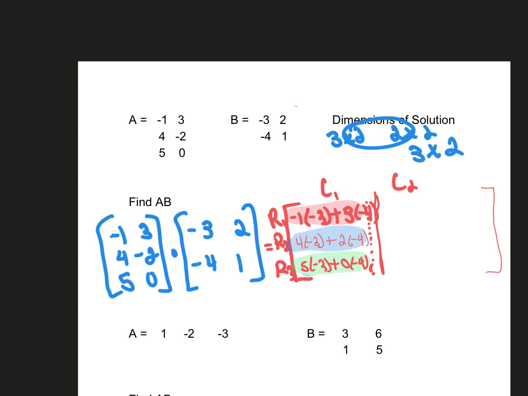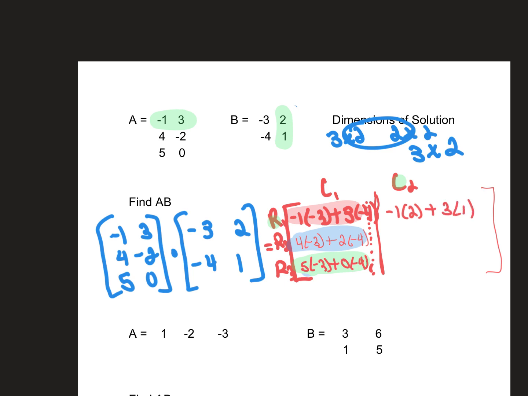Okay, so then now I'm going to find row 1, column 2. So I'm going to take row 1 of A times column 2. So that's where these numbers are coming from. So I'm going to take row 1 times column 2, and I'm going to have -1 times 2 plus 3 times 1.